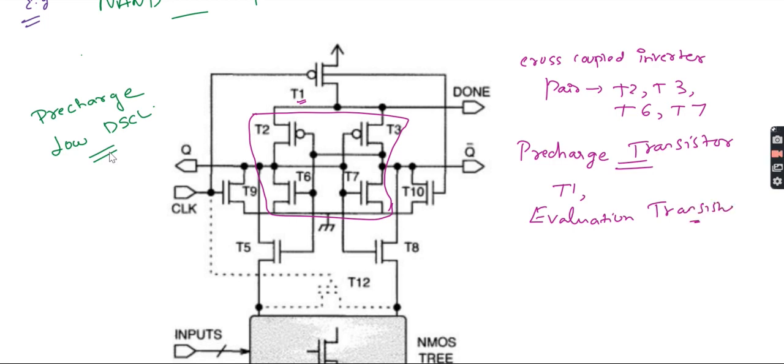When the clock is equal to 1, it is T9. This clock line is going to one more transistor, T10. So the evaluation transistors are T9 and T10.